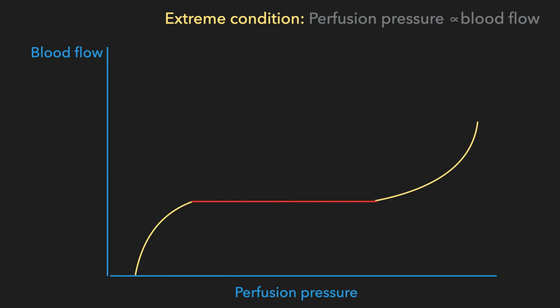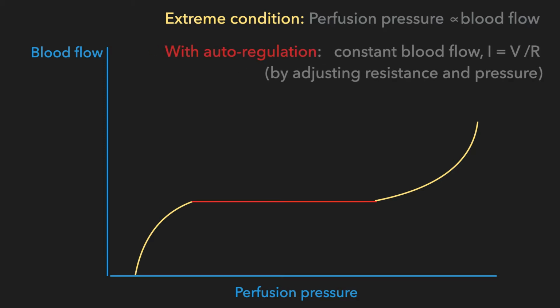The lower the perfusion pressure is, the lower the blood flow. But during normal conditions, when you still have preservation of autoregulation in the organs, your organs try to maintain a constant blood flow by adjusting the resistance and the pressure of the organs' arterial supplies.